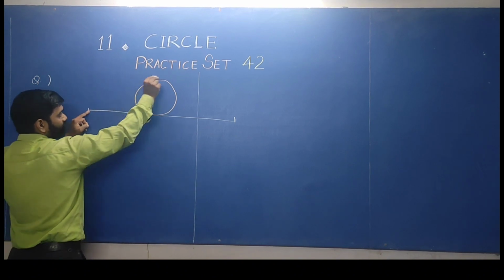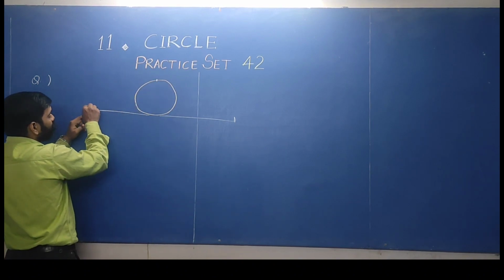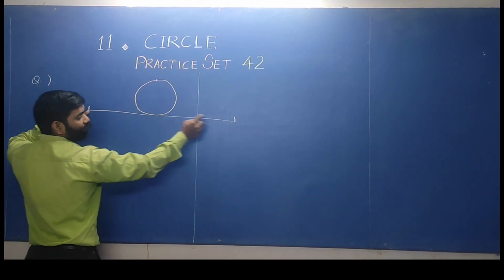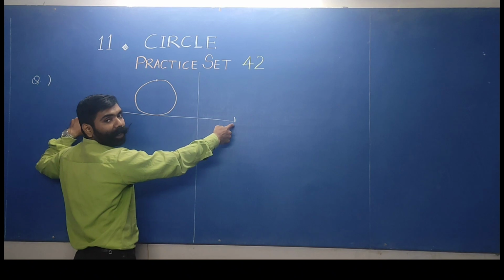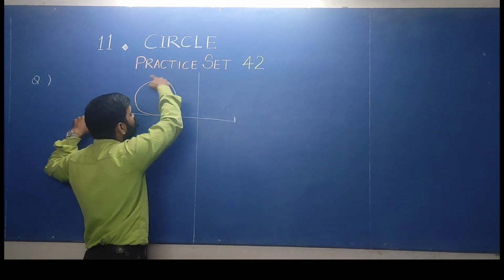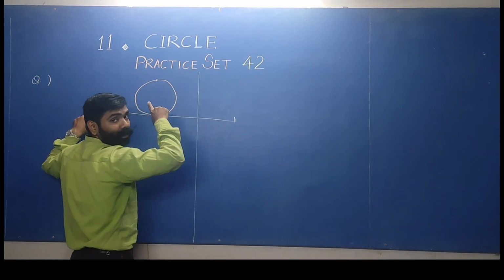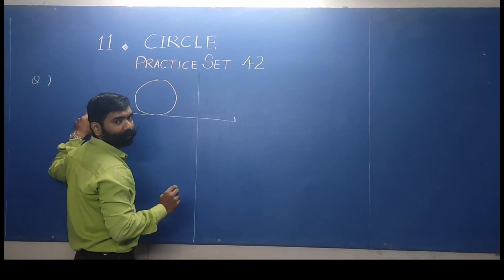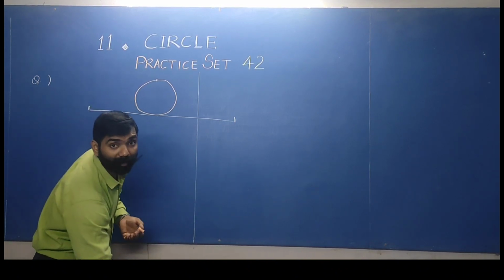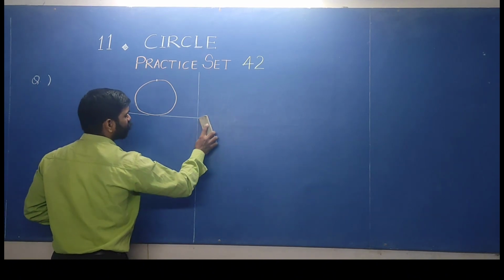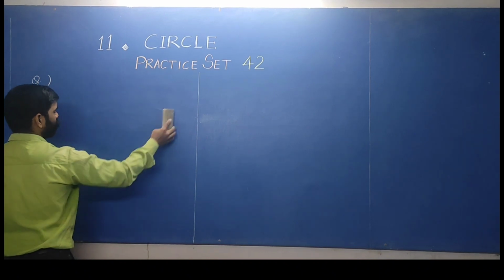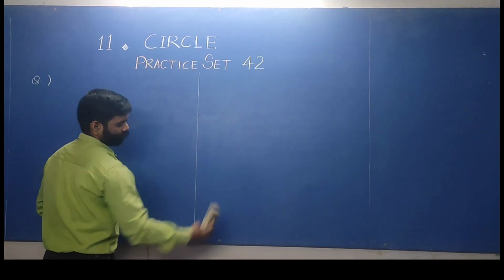So this whole circle will take the distance from this point to this point. This is the length of the wheel, that means the perimeter of the wheel. So we need to find the circumference. Okay students, I hope you have understood. Let me solve this.